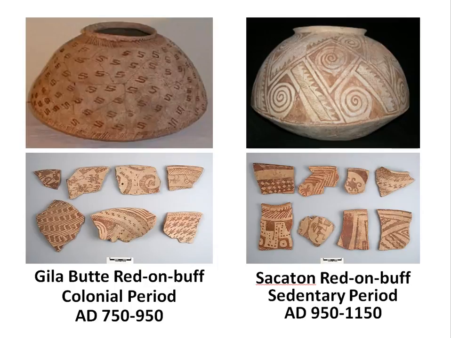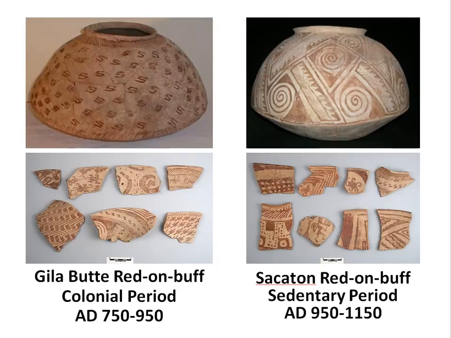In contrast, the later Sacaton red-on-buff type, characteristic of the sedentary period, has interlocking decorative elements that look like textile designs. Rather than small repeated elements, there are these interlocking geometric designs.